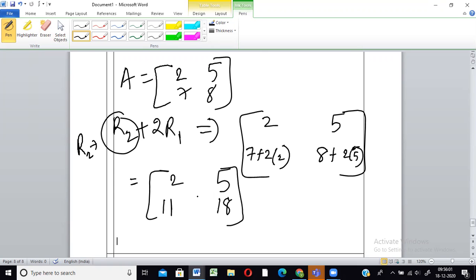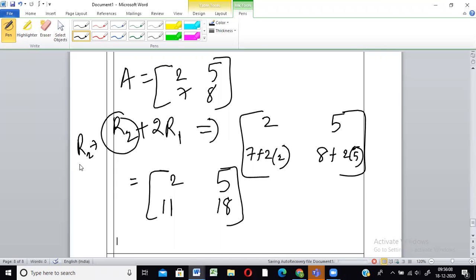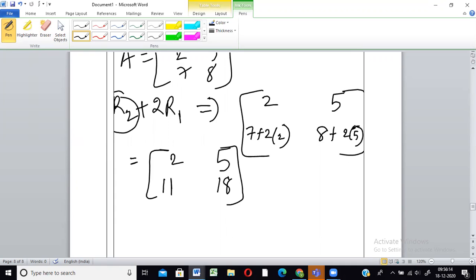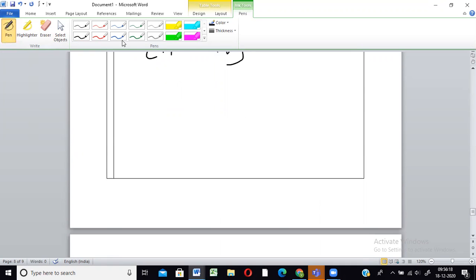And the scalar need not necessarily be addition, it can be minus as well. Suppose you have something like this. If B is, now we're doing the same thing with respect to a column, 3, 1, minus 2, 4.